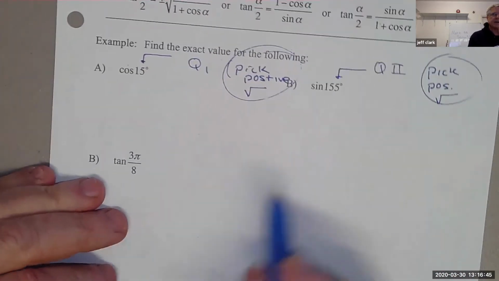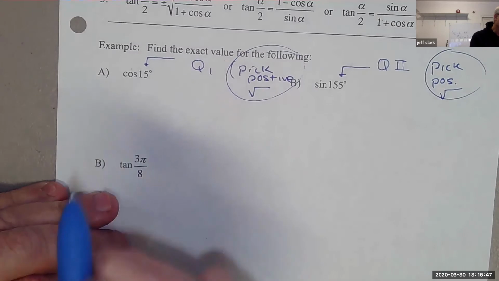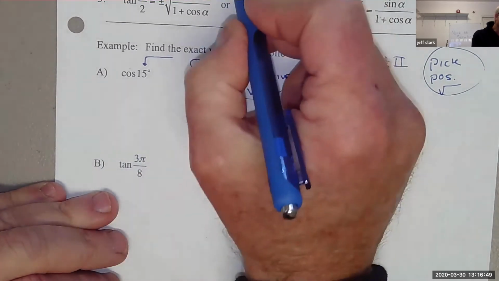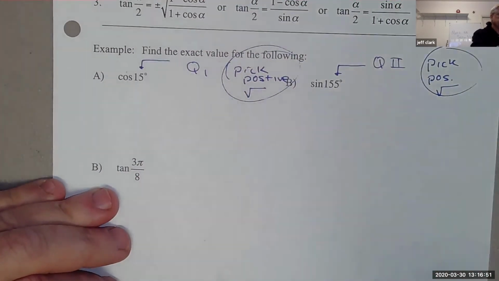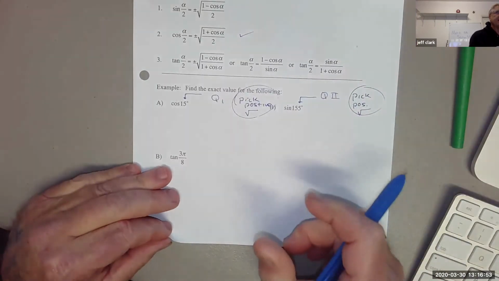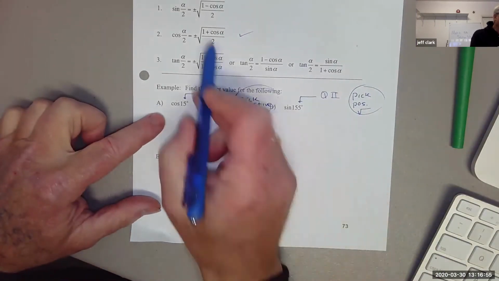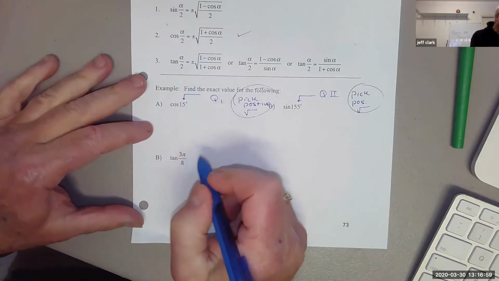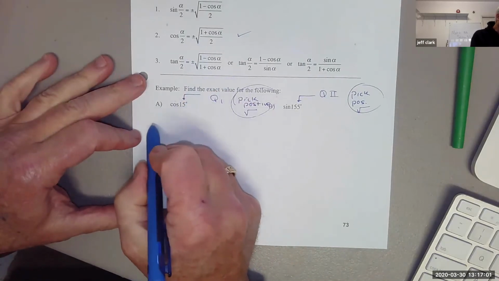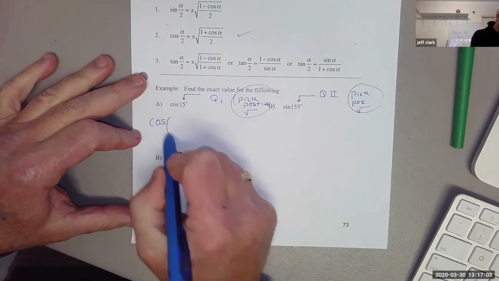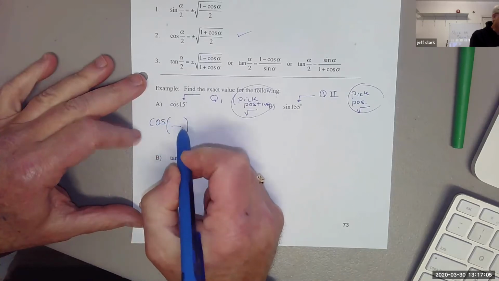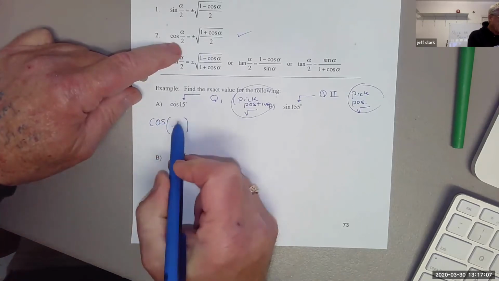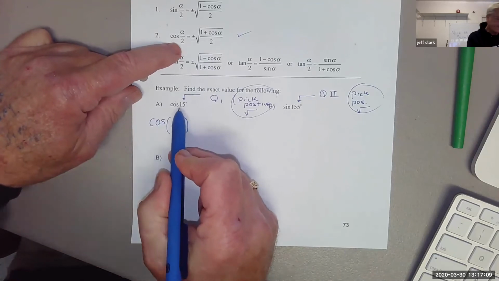And I'll get to this one in a second too. So I'm going to use this one, and you'll know which one I checked off. I know I'm going to use the positive square root, not the negative, because of where the 15 degrees sits. So here we go. I'm going to go cosine. The idea is to create a fraction, so you have a 2 down here, so that you end up with 15 degrees.